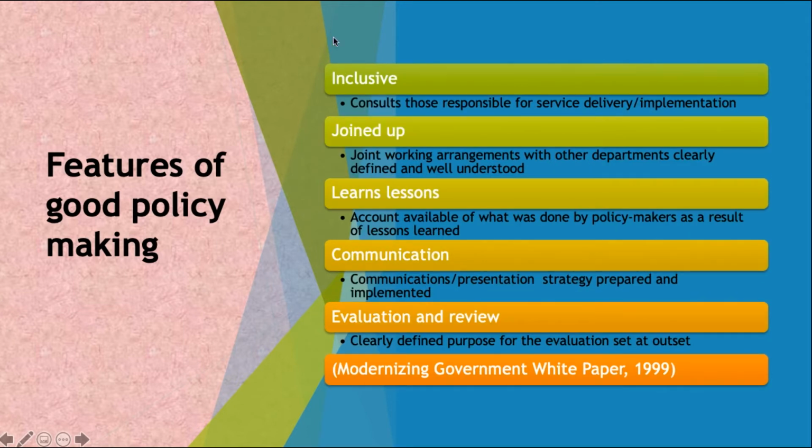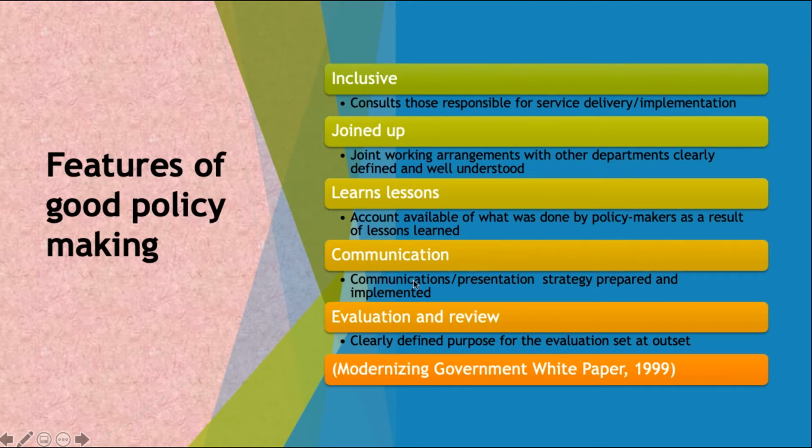So also it is an inclusive control: those responsible for service delivery and implementation, or maybe a joint working arrangement with another department, clearly defined and well understood, and you have a lessons-learned account available of what was done by policymakers as a result of lessons learned.